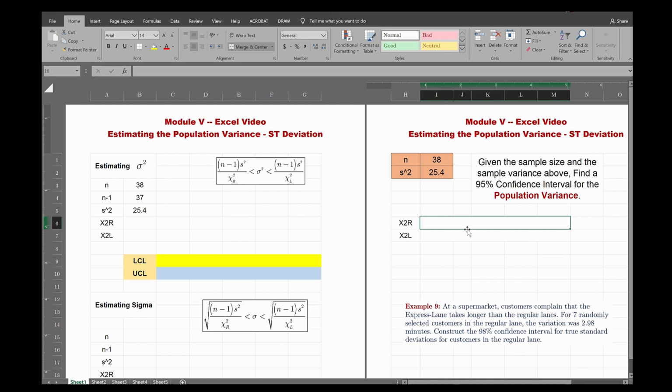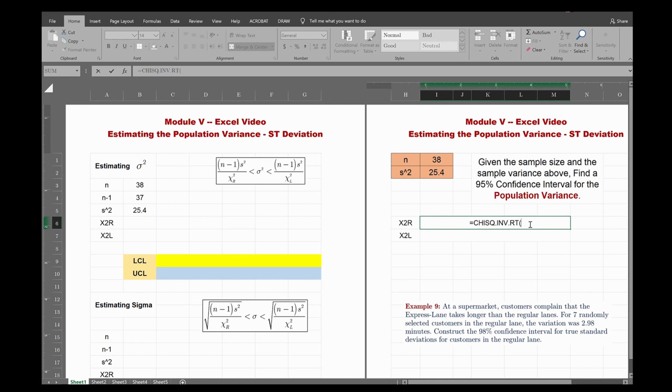So you will type chi-square, and you have to obviously use inverse. All the commands in this module use inverse. And you have to use the one that says right tail. So because you're finding chi-square right, you use chi-square dot inverse dot right. Basically, that wants you to write the area in the right.